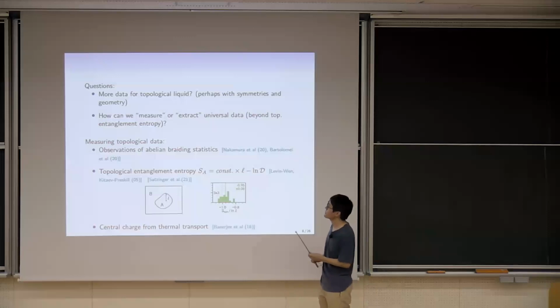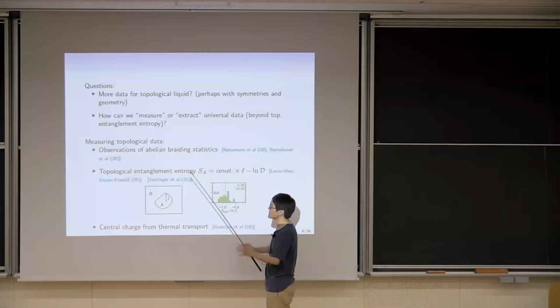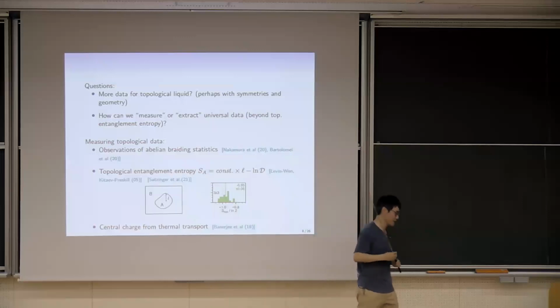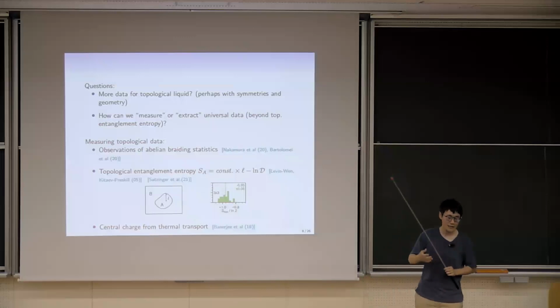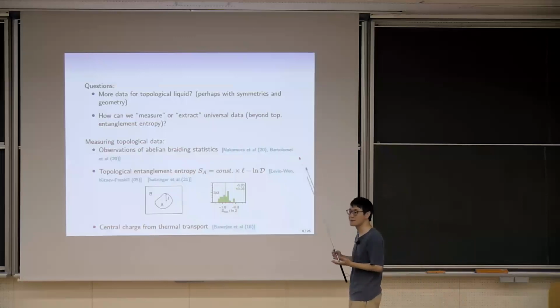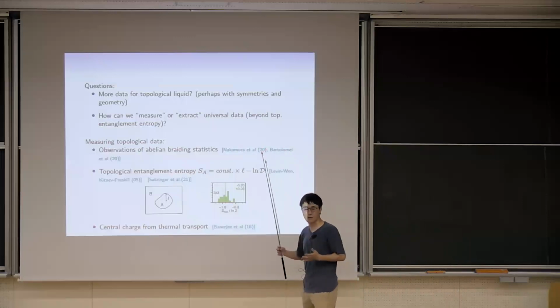In a slightly more general context, there's a huge effort of measuring topological data in general. For example, I casually said that fractional quantum Hall effect realizes anyonic excitations, but to actually establish the existence of anyonic excitations, it's a huge experimental effort.